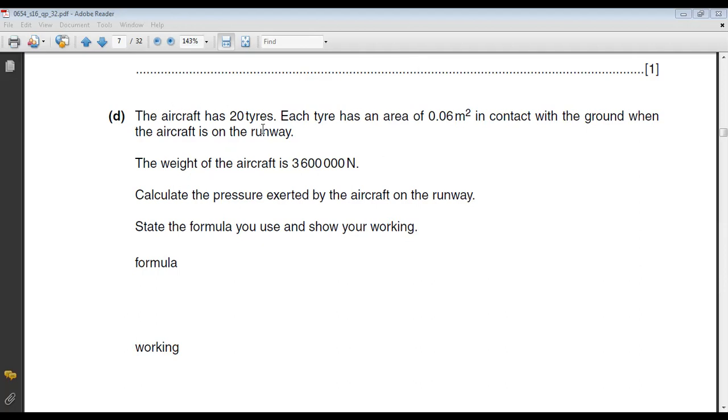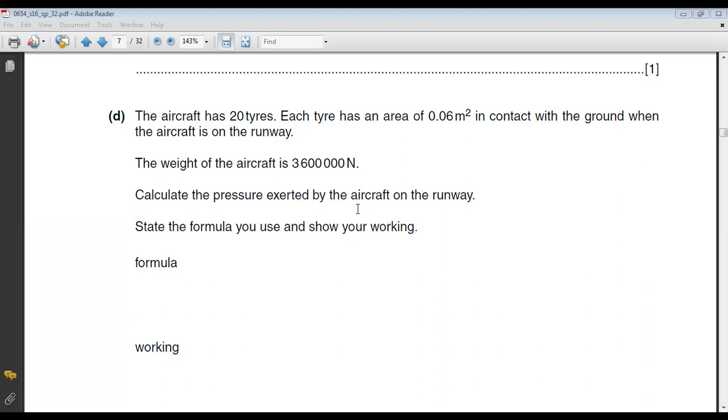Okay, the aircraft has 20 tires. Each tire has an area of 0.06 meters squared in contact with the ground when the aircraft is on the runway. The weight of the aircraft is given as 3,600,000 Newton. Calculate the pressure exerted by the aircraft on the runway.